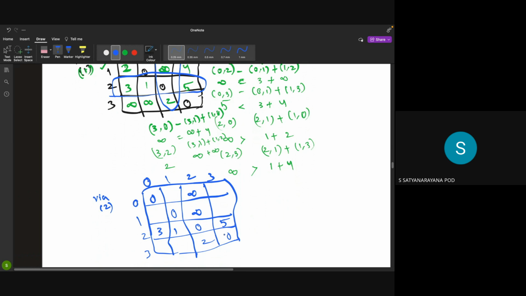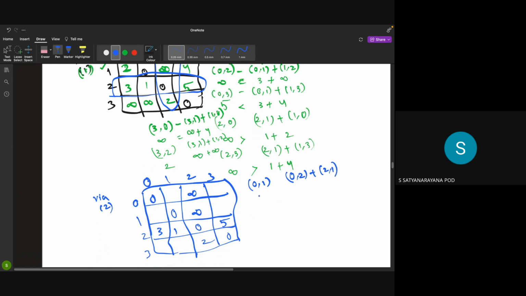So here also same. First one is again that 0 to 1 we are trying. And whenever we try 0 to 1, there are two ways: 0 to 2 and then 2 to 1. Am I right?